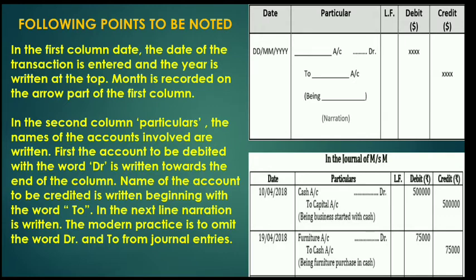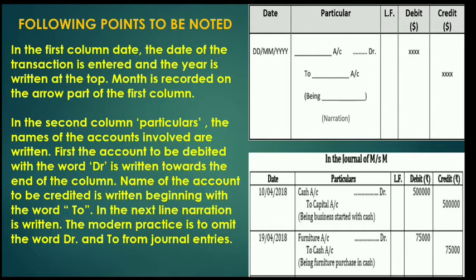So cash account is debited, it is DR. The name of the account to be credited is written beginning with the word To. Now you can see To capital account. So To capital account means capital account is credited.